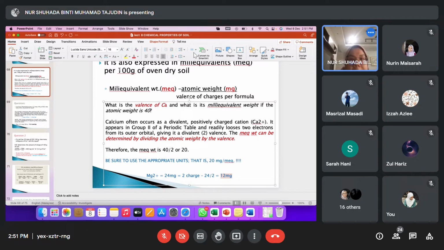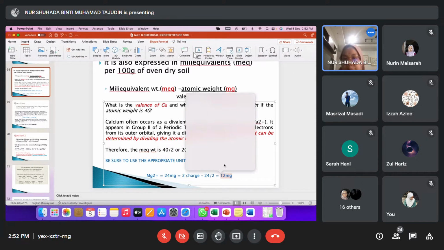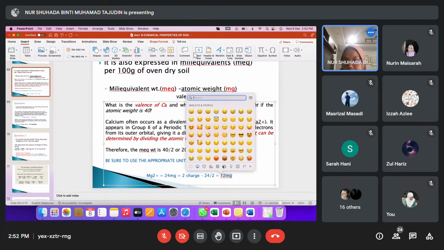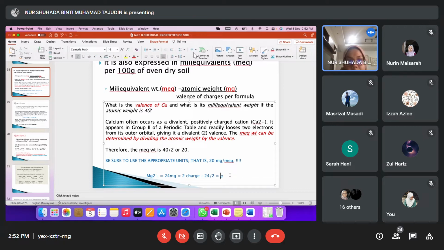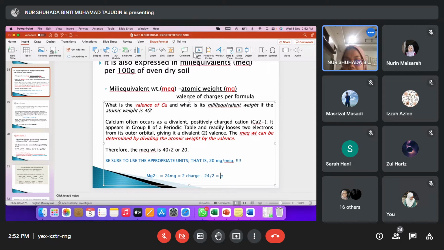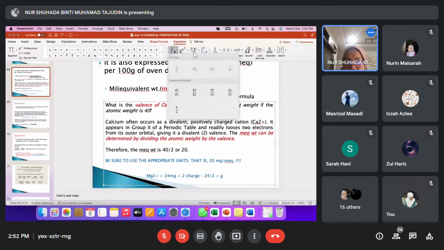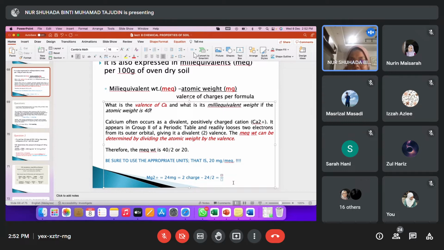So here you have 12 mg over 1 MEQ. Faham?